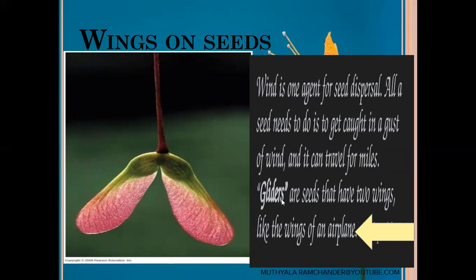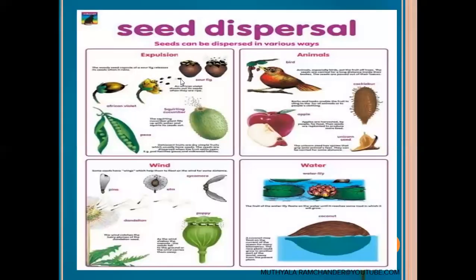Gliders means the engine is absent in the aeroplane. The gliders are similar to the wings of the seed. Gliders are seeds that have two wings like the wings of an aeroplane. It mainly helps in the seed dispersal process.